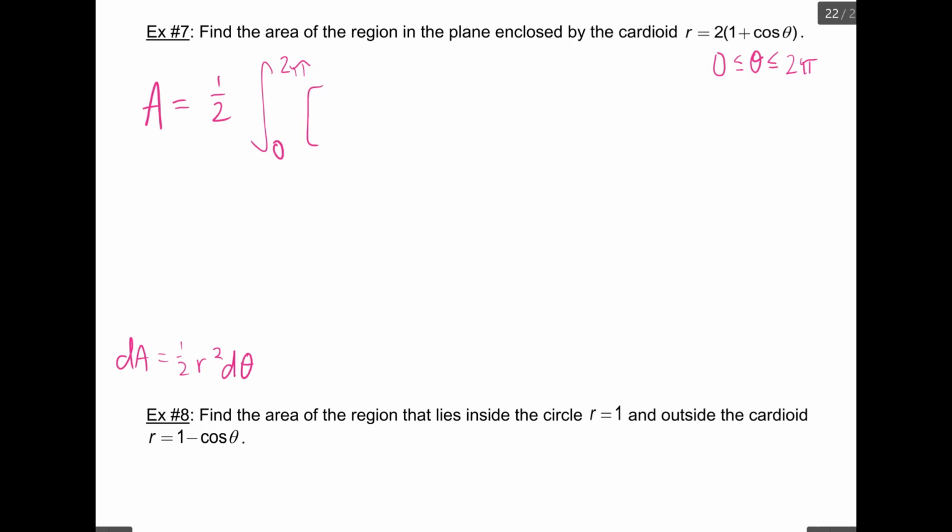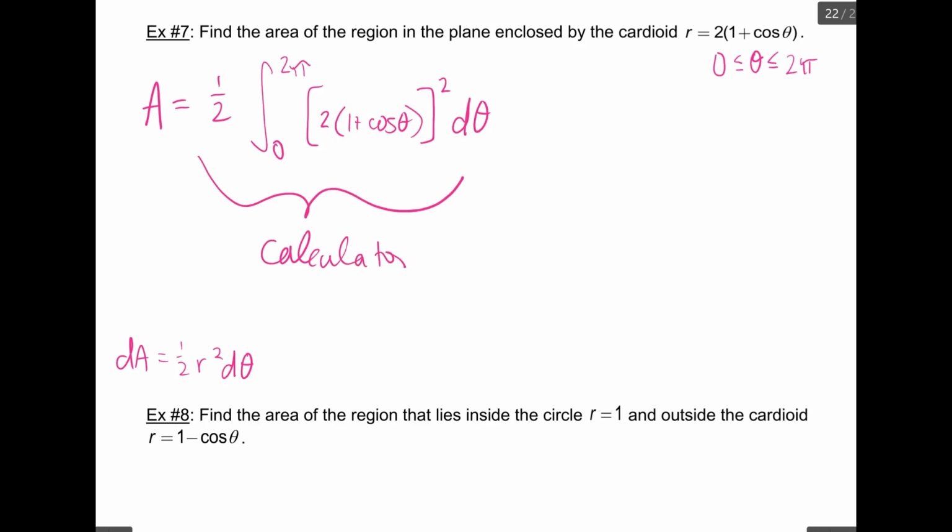So my r is 2 times 1 plus cosine theta, squared, d theta. You have to square that, yeah.